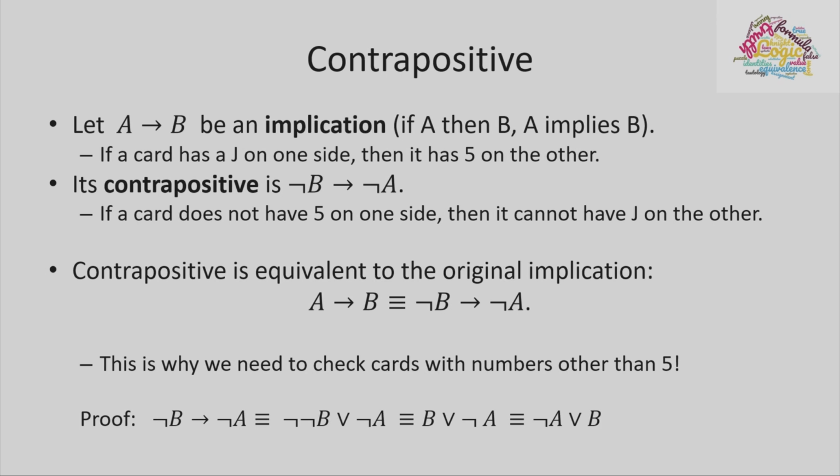So we get if the card does not have 5 on one side, then it cannot have J on the other. If a card has a J, then it must have a 5. So if it doesn't have a 5, then it cannot have the J. And you could kind of see that this is an equivalent statement.